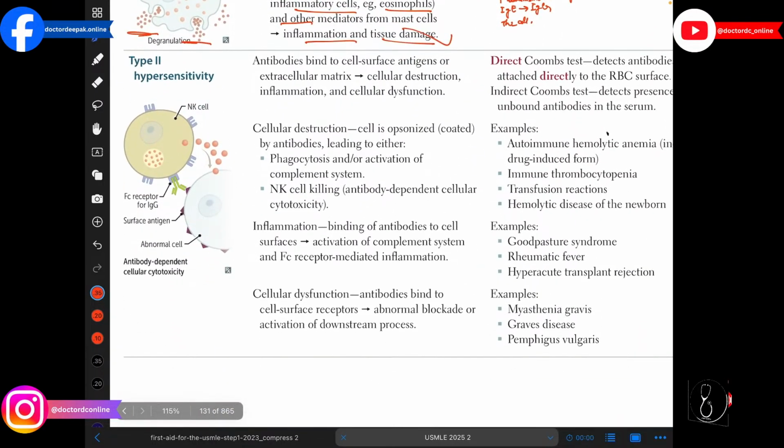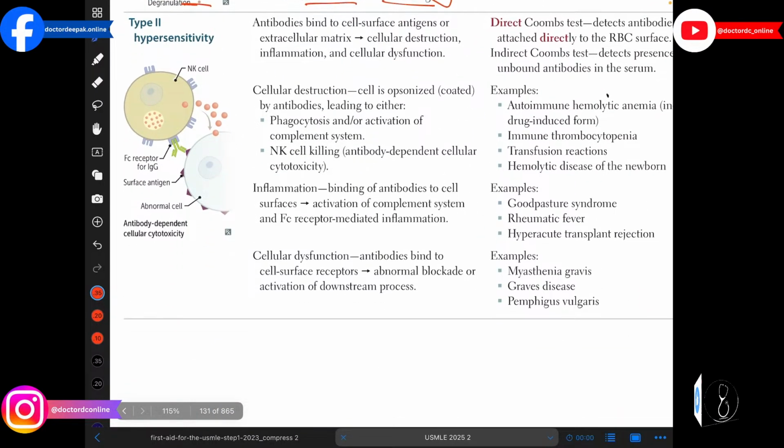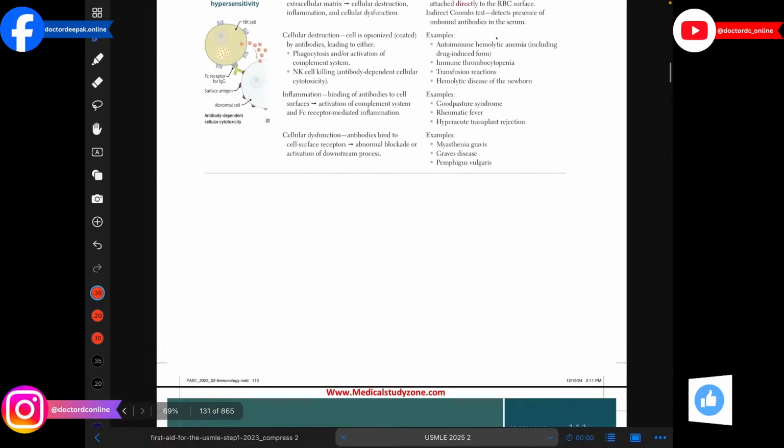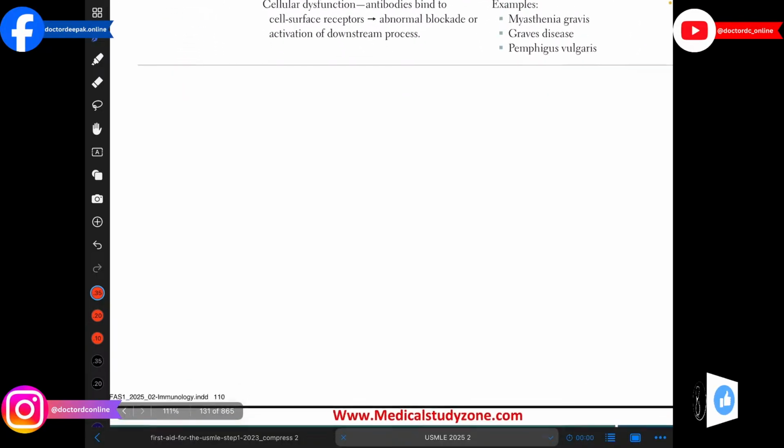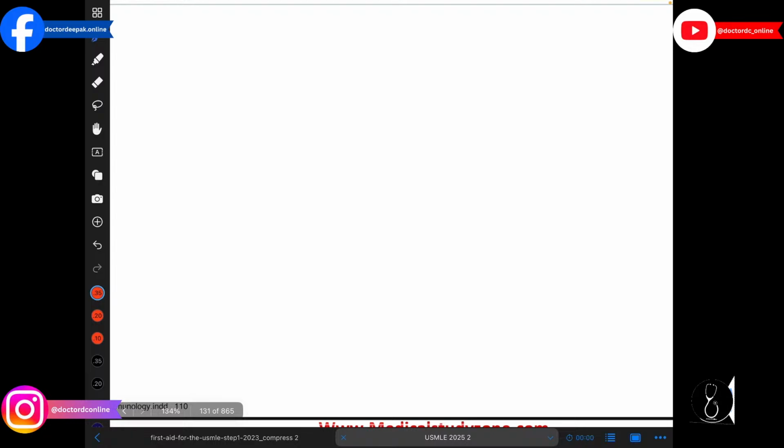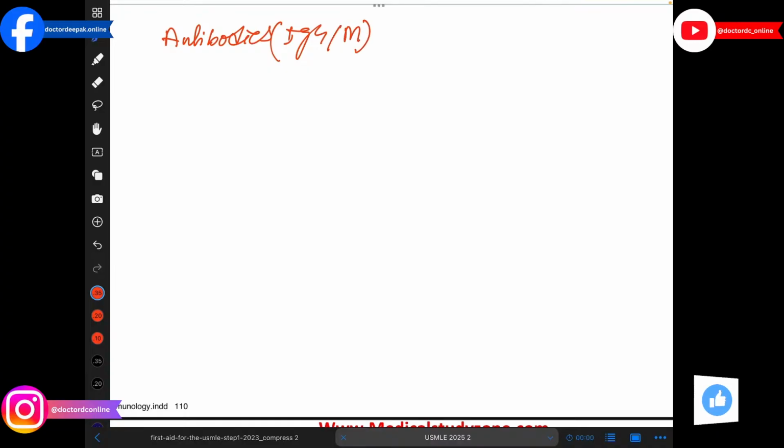Let's talk about the type 2 hypersensitivity reaction. There will be antibodies, like IgG or IgM, and they are directed against tissue antigens.